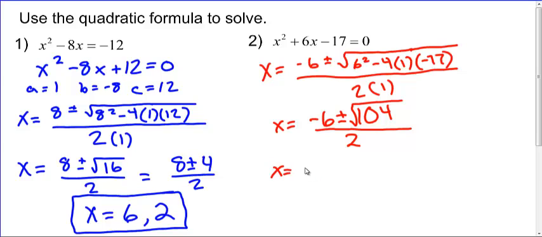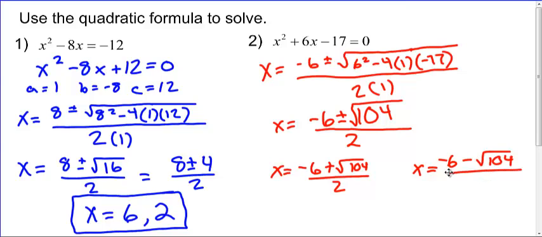We're going to do two calculations. One of them is going to be negative 6 plus the square root of 104 divided by 2. And the other is going to be x equals negative 6 minus the square root of 104 divided by 2. And so we'll get two examples here.